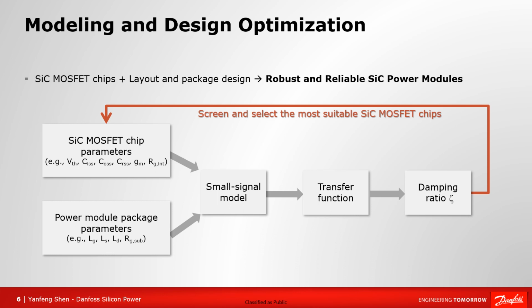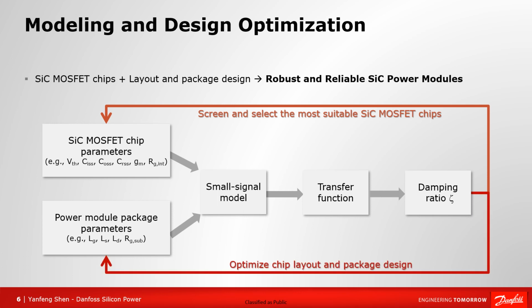Meanwhile, we can adjust the power module package parameters by optimizing chip layout and package design. In both ways, we are able to develop robust and reliable silicon carbide power modules.